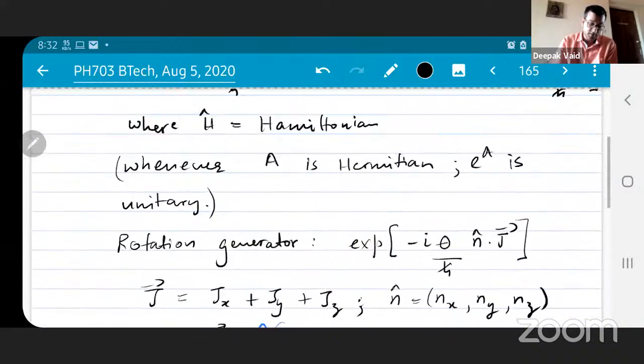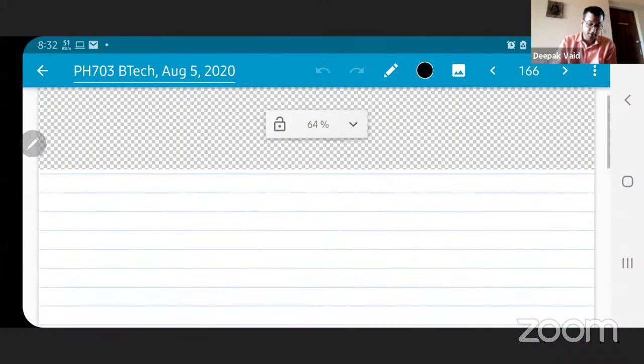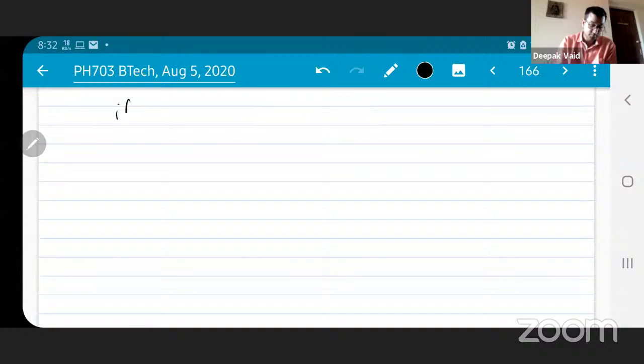Now the problem is that these operators don't commute with each other. So if you have exponent A times exponent B, this is not going to be equal to exponent A plus B, right? Because A and B don't commute. So if A and B don't commute, then these two operators will also not commute, right?